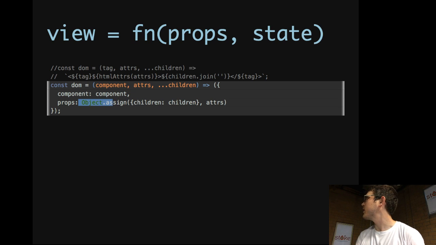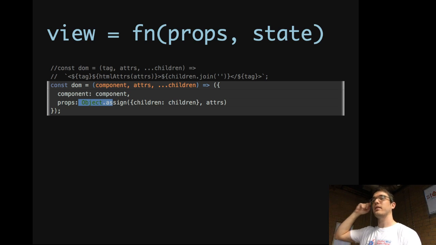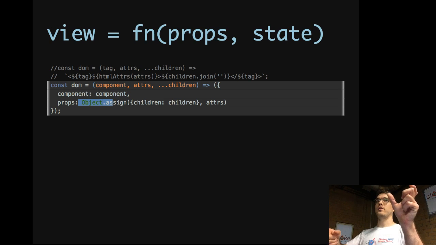You could actually use the spread operator here again instead of Object.assign, but what that's going to do is copy attributes into this object that has children set to children. So you have just one object that ends up with the keys children, and then whatever else is on attributes. It basically merges. It's a thing in JavaScript called assign, but in other languages it's called merge.